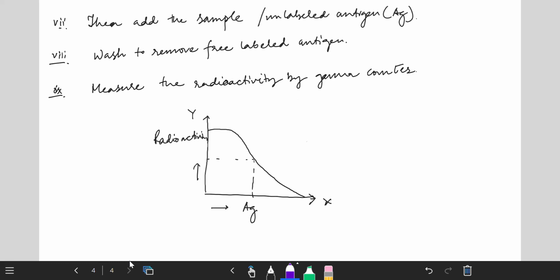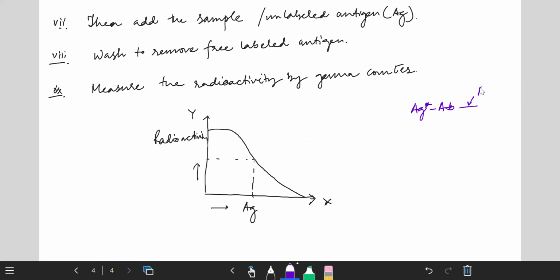Now that is the point of how this measurement will occur. So radioactivity is calibrated with the standard curve by plotting the radioactivity against the unlabeled antigen concentration to determine the concentration of antigen. Now we need to understand that when there is displacement of the labeled antigen, there is a complex of labeled antigen and antibody, previously formed.